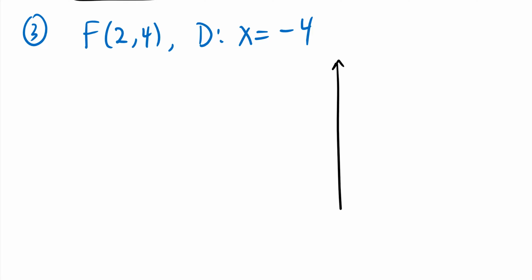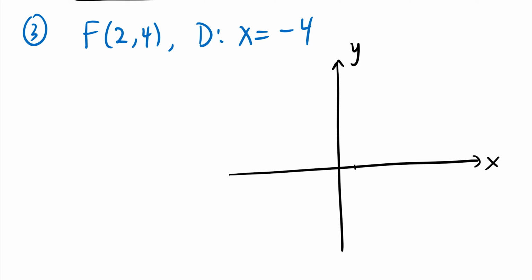Next, the focus is (3, 2) and the directrix is x equals -4. Now let's plot the given. That's the focus. And the directrix is x equals -4.